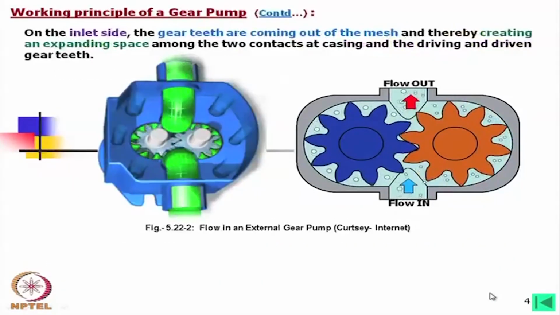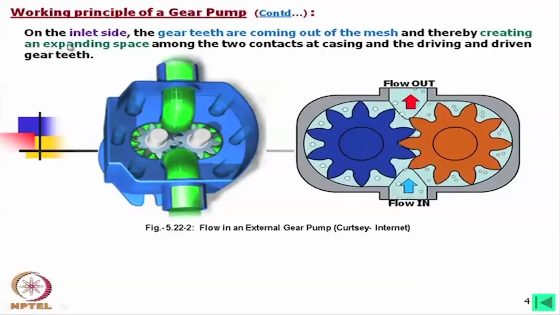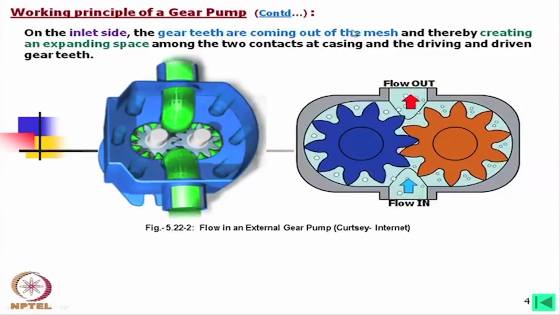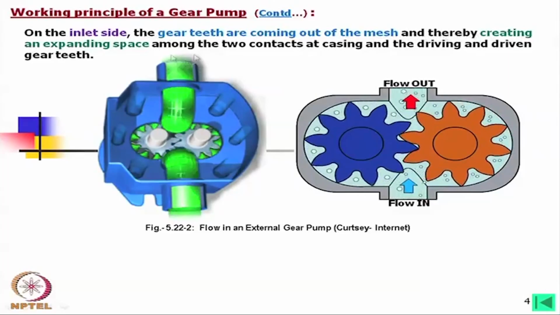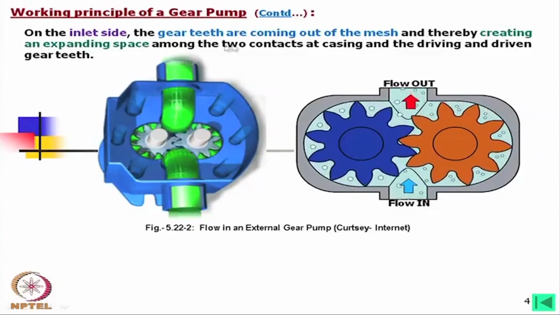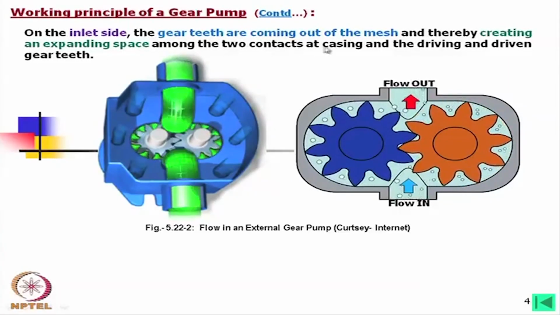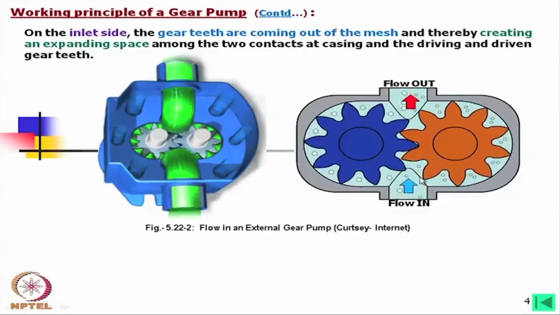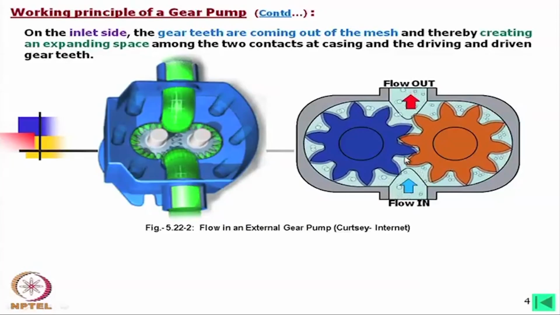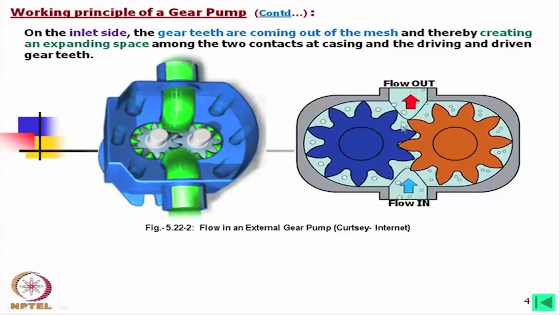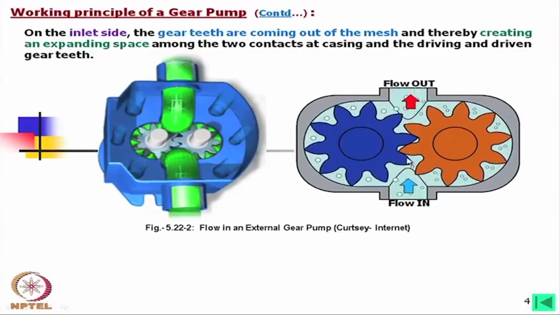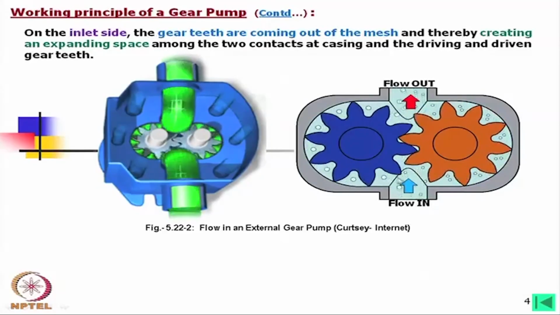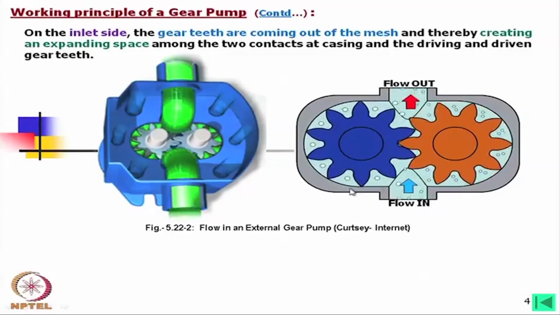Now, on the inlet side, the gear teeth are coming out of the mesh and thereby creating an expanding space between the two contacts at the casing and the driving and driven gears. Say here, if we consider this contact point that is separating the high pressure zone from the low pressure zone, from this point to this point we will find that when the gears are moving, this space is increasing.